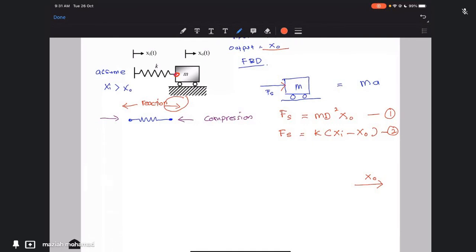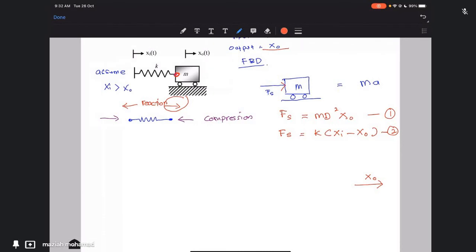Okay, which one do you want to start? Which equation? Pick. 1. Okay, Taufik wants to start with equation number 1. Let's draw based on equation number 1.